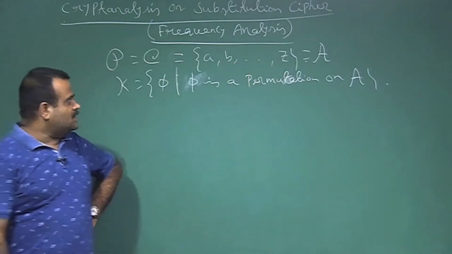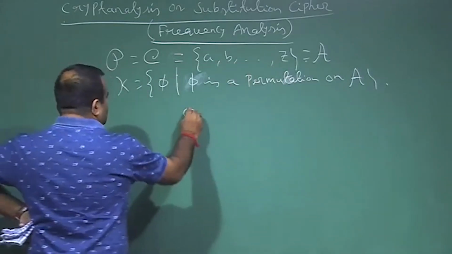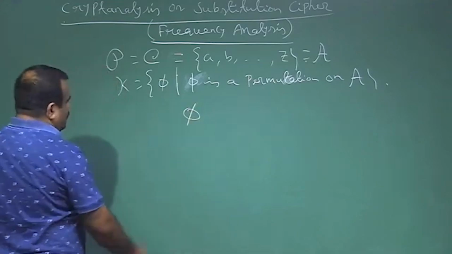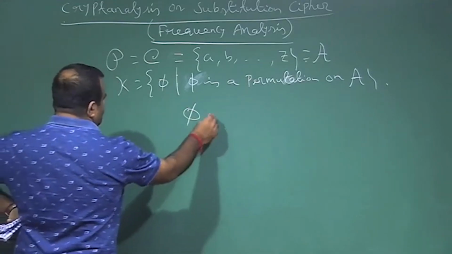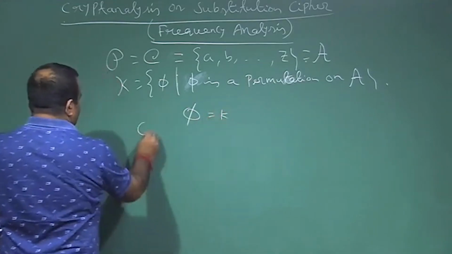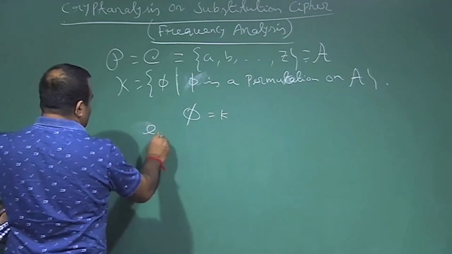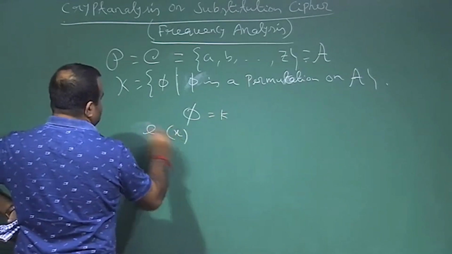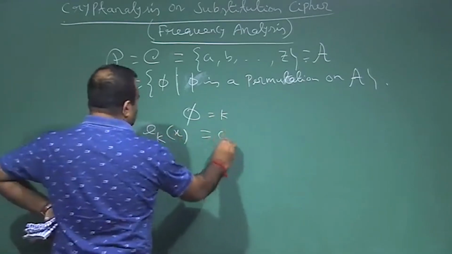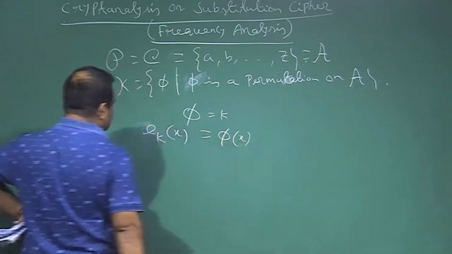Then we have seen that if we take a permutation phi as the key k, then the encryption E of k on x, where x is an alphabet, is basically phi of x.